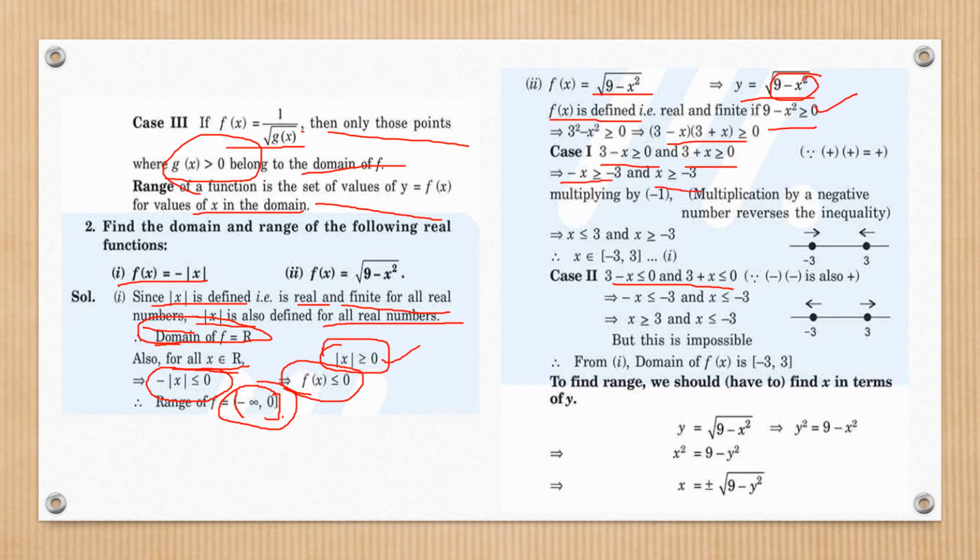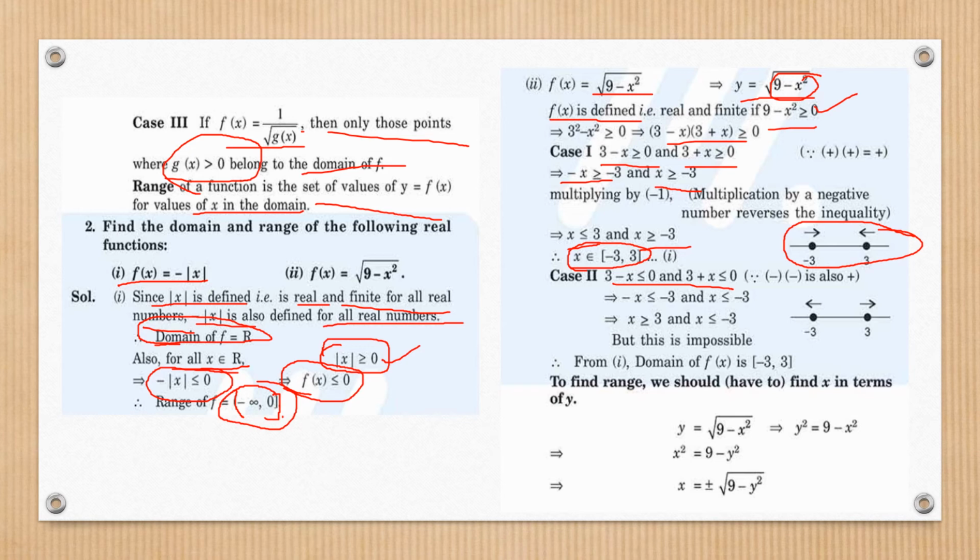I'll multiply by minus 1 and get x less than or equal to 3, and x greater than or equal to minus 3. Because we have done linear inequalities, this concept is very clear to you. So x belongs to the closed interval minus 3 to 3. Because the equal to sign is there, the closed bracket will be there.